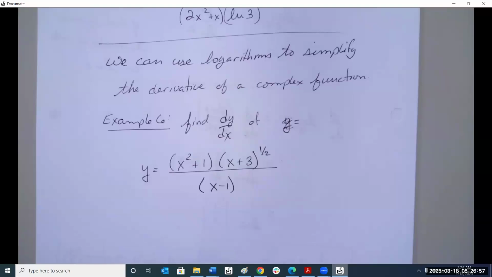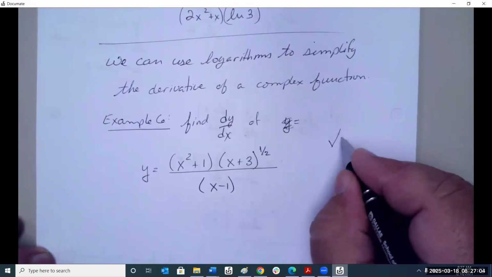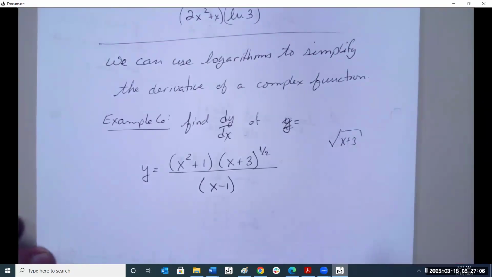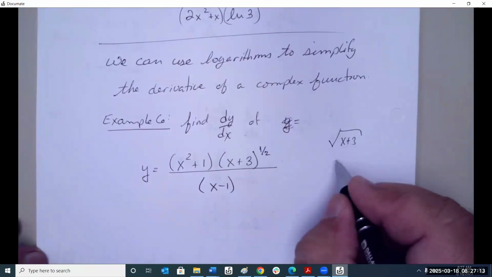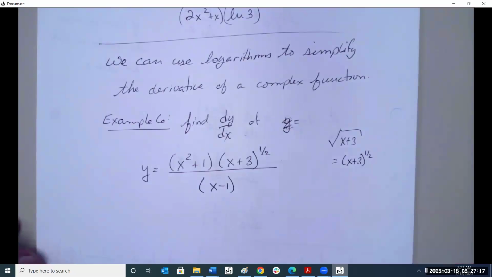Originally, if you were to have this as a homework or a test question, you wouldn't have this power 1/2 here. What you would have would be the square root of x plus 3. So from there, you would have to make it into the power 1/2.